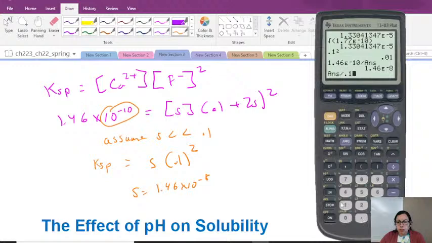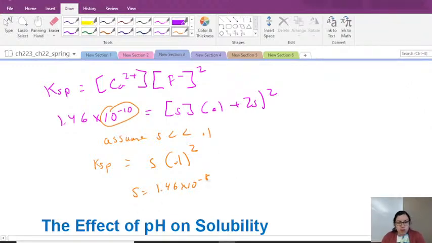Obviously this is going to be pretty tiny, 1.46 times 10 to the negative 5 percent. So the assumption was good, and then we have our molar solubility. I'll just put an aside here that we double checked that yes, our assumption was good.